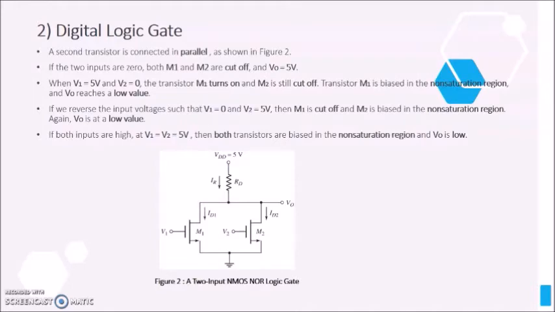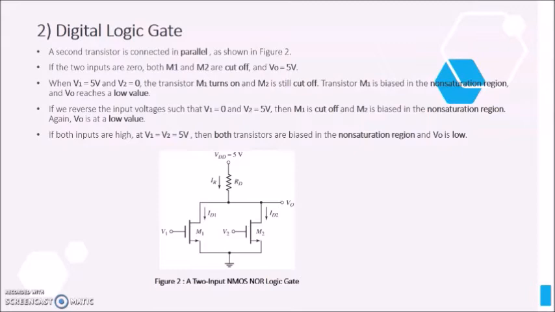Next is the digital logic gate. For this application, a second transistor is connected in parallel, as shown in figure 2. If the two inputs are 0, both M1 and M2 are cut off, and VO is 5 volts. When V1 is 5 volts and V2 is 0, the transistor M1 turns on and M2 is still cut off. Transistor M1 is biased in the non-saturation region, and VO reaches a low value.